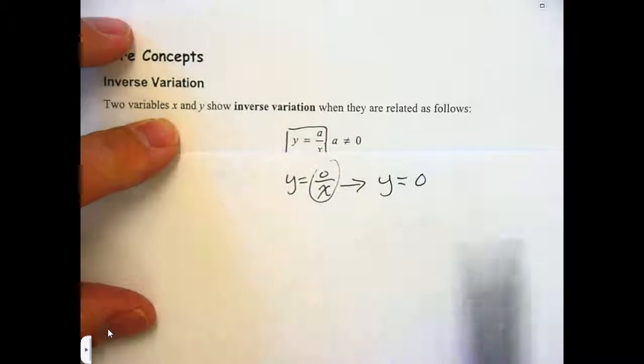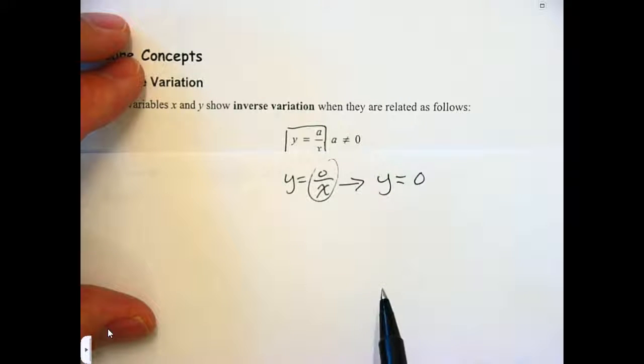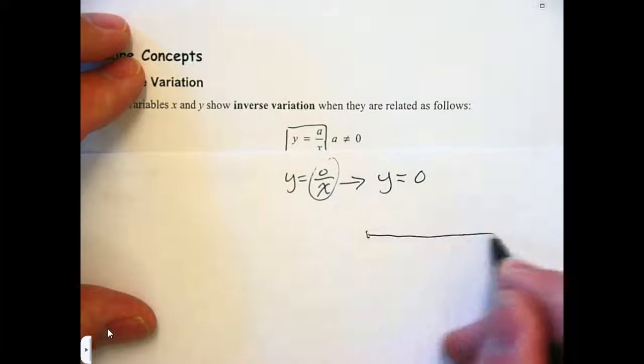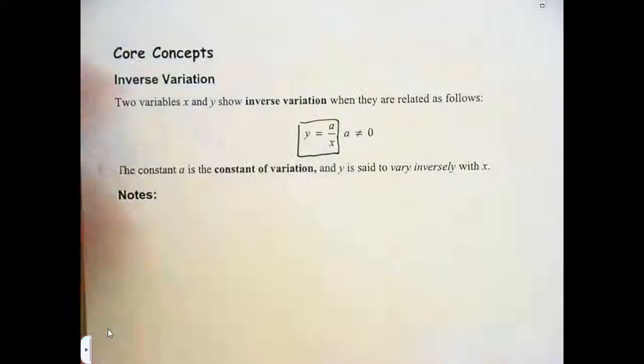That is no longer an inverse variation. It is a linear equation. Right? It's a constant. It gives you a straight line at y equals 0. That's why we say a cannot be 0.